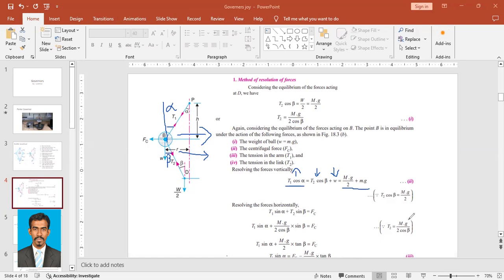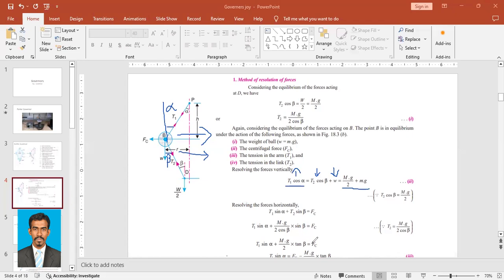Again, we will replace this T2 with capital Mg upon 2 cos beta. So T1 sine alpha plus capital Mg upon 2 cos beta into sine beta is equal to Fc. We know sine beta upon cos beta is equal to tan beta. So Mg by 2 tan beta plus T1 sin alpha is equal to Fc.